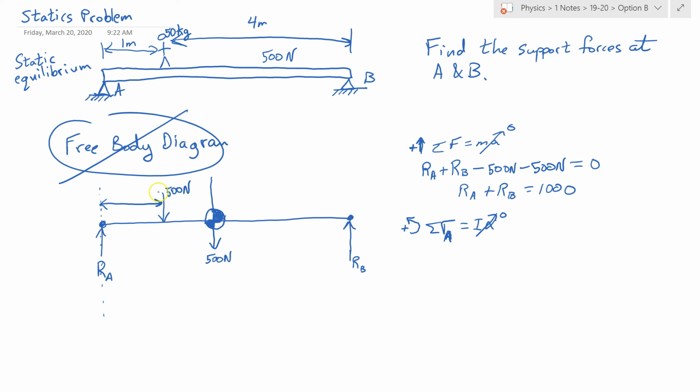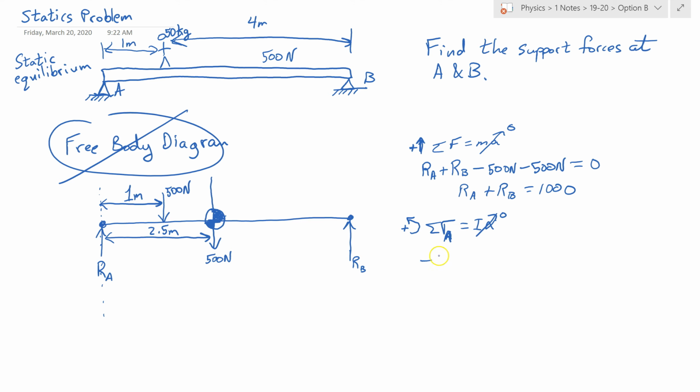The first 500 newton force is a meter from point A, and the next one, if this is in the middle and the plank is 5 meters long, is going to be 2.5 meters from point A. So the person's weight on the plank will exert a negative torque, because if you imagine this force causing a rotation around point A, it's pushing down, so that would tend to rotate this clockwise, which is negative.